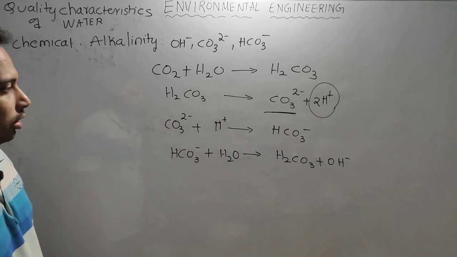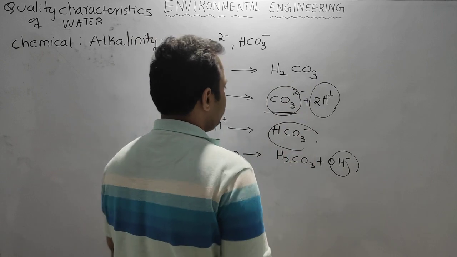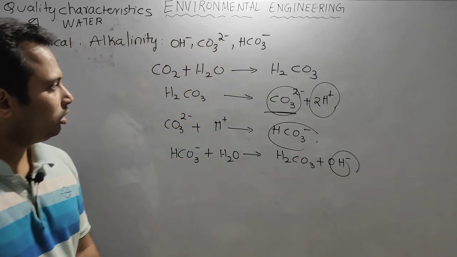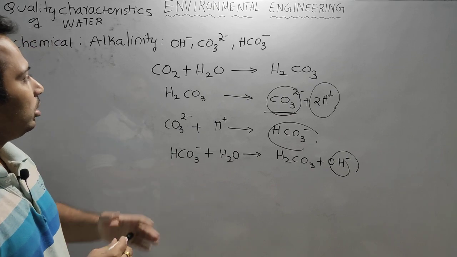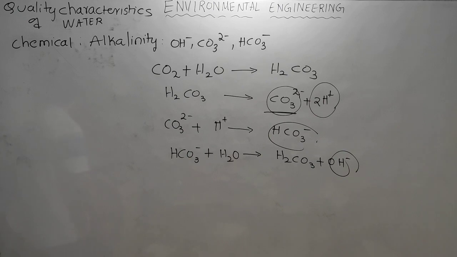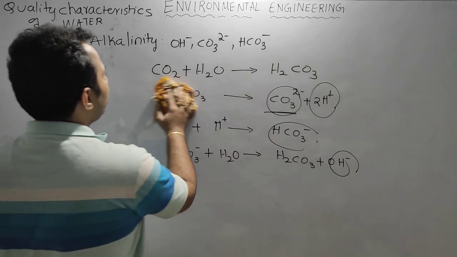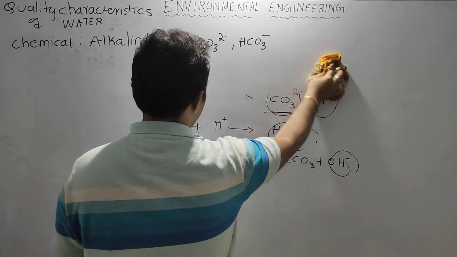So generally OH minus, HCO3 minus and CO3 2 minus will form in water. Everything starts from the CO2 evolution from the organic matter. That is why carbonate, bicarbonate and caustic alkalinity are predominant in water.